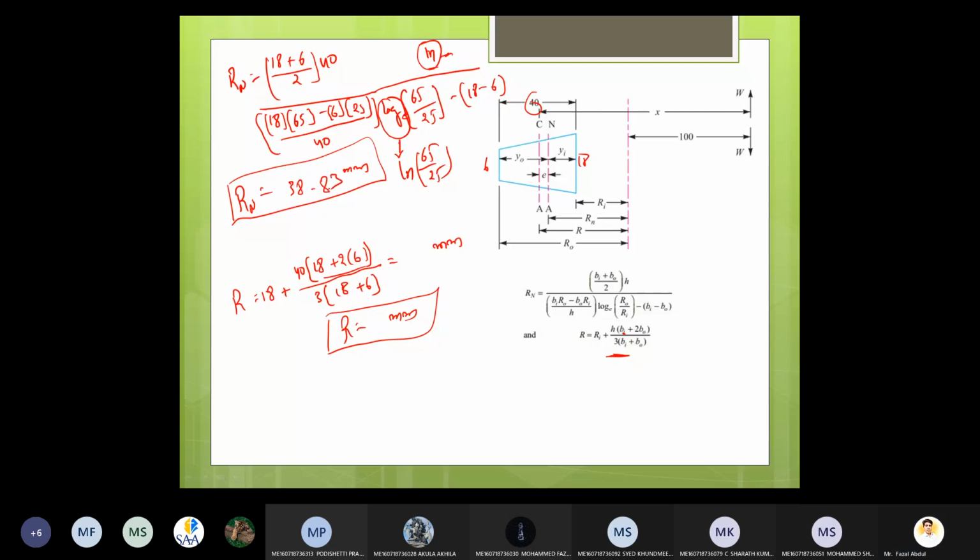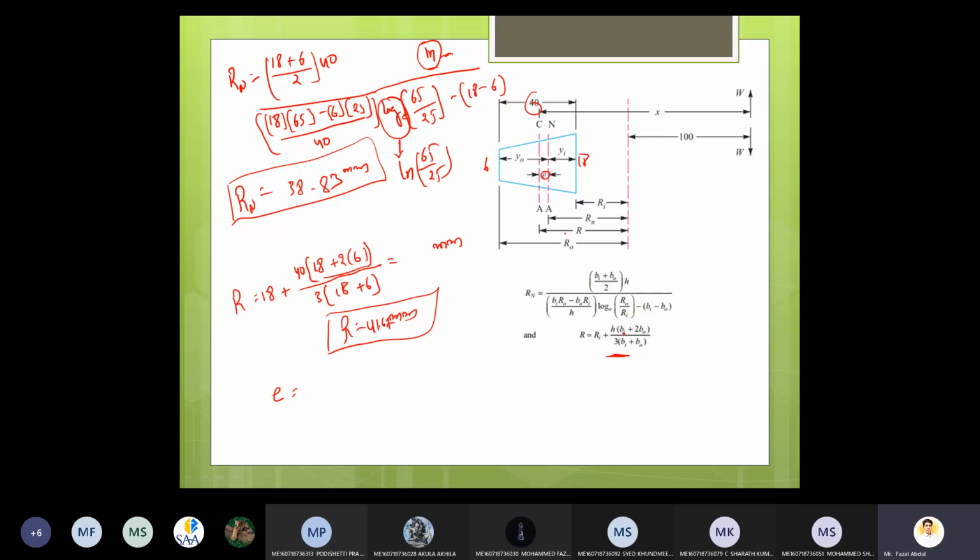38.83 mm. Now what is R? 41.67. Okay. The next one is the eccentricity E. After calculating first the area, then Rn, then R, now eccentricity. Eccentricity here, this distance is eccentricity. How can we get it?